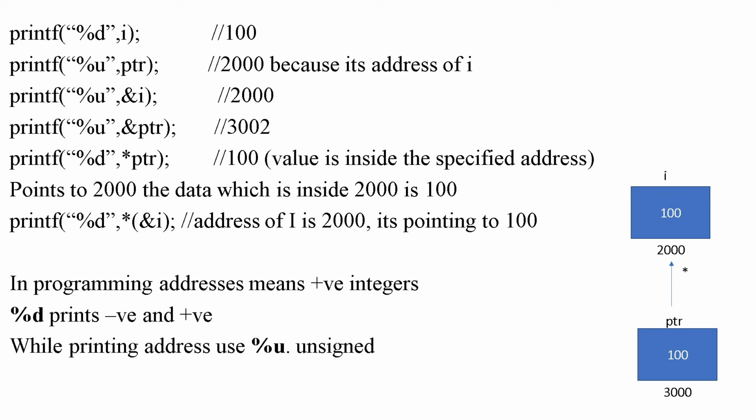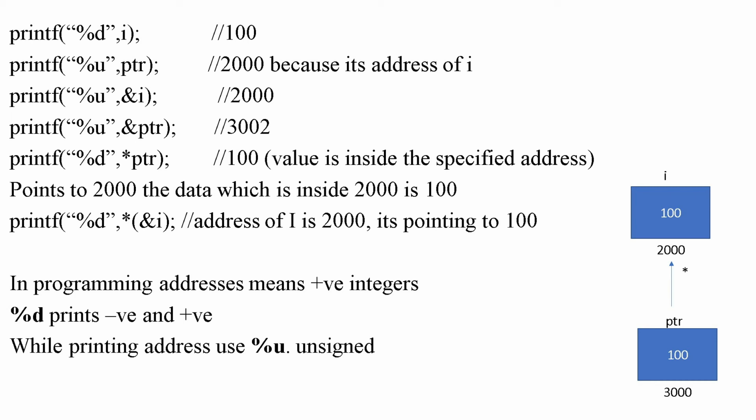I am using %u here because addresses are positive integers, but %d prints both positive as well as negative integers. That is why while printing addresses we use %u, that is unsigned integers. Previously we saw that we have stored the address of I in ptr, so it is going to print 2000.